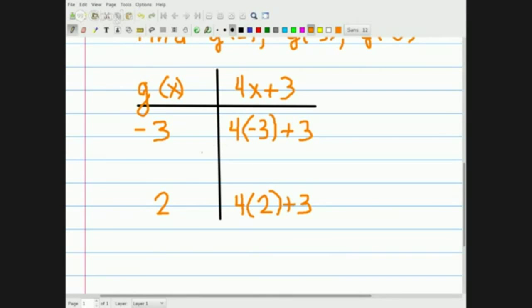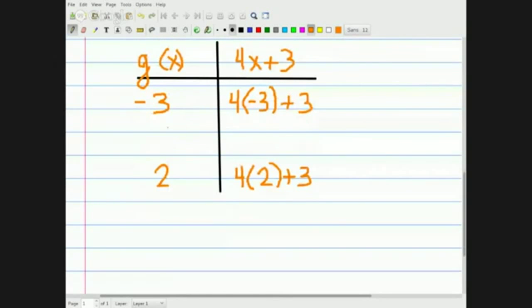And finally, 0. So when x equals 0, we'll have 4 times 0 plus 3.